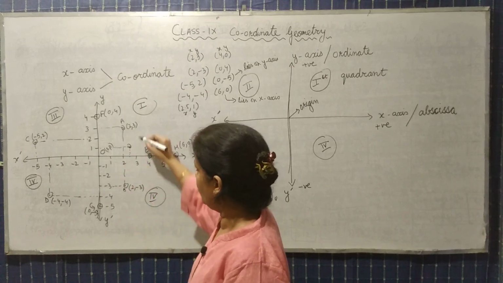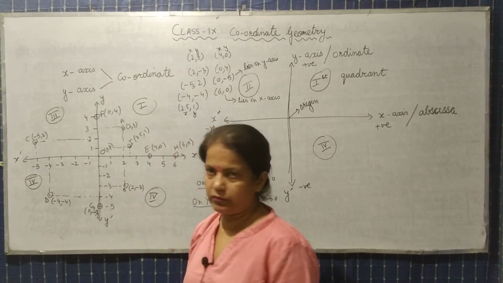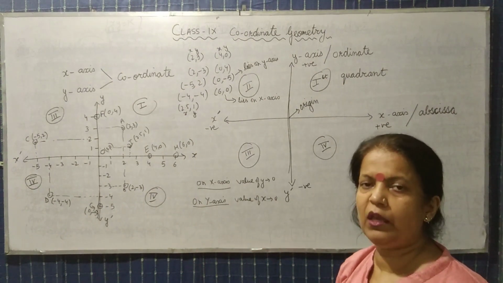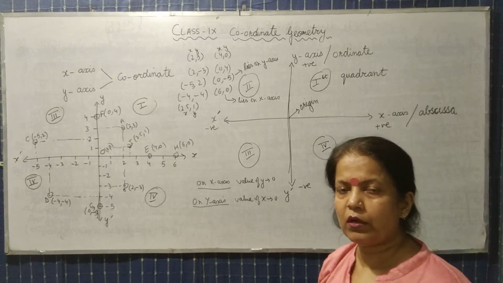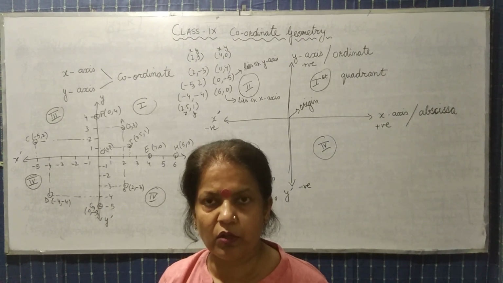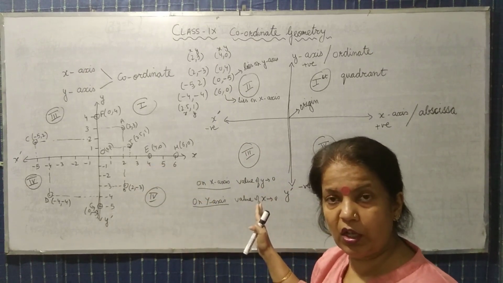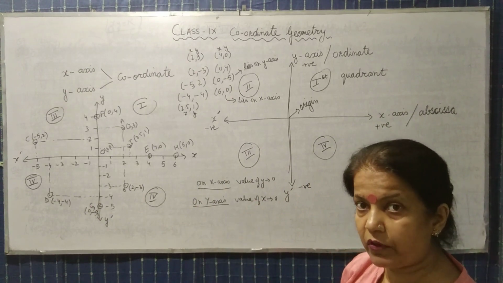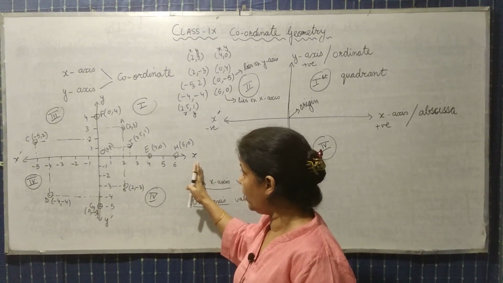So this value will be 2.5 and 1. Is it clear? ऐसे आप कोई भी वैल्यू ग्राफ पर प्लॉट कर सकते हैं, but remember while plotting the values on the graph the division should be equal. Rather we can say the gap of the numbers should be equal.